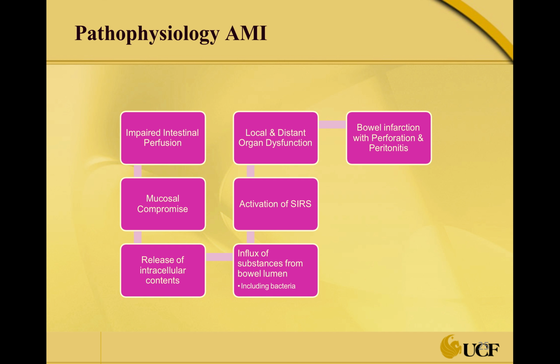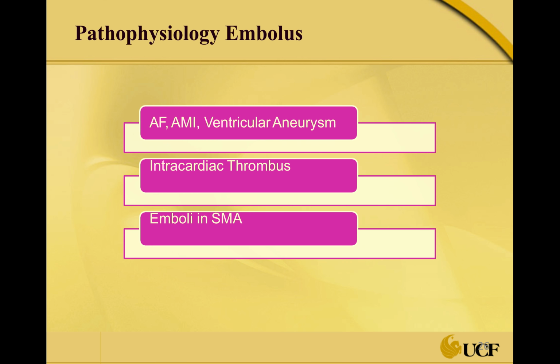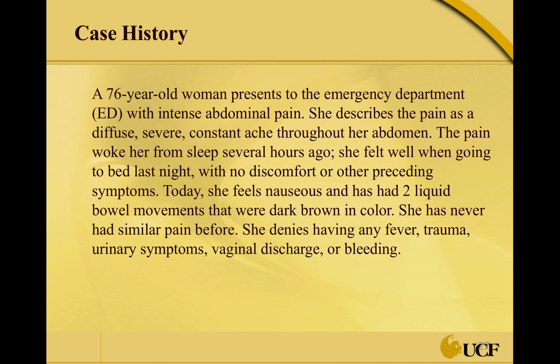So you will have local and distant organ dysfunction, and finally bowel infarction with perforation and peritonitis. In terms of the pathophysiology of the embolus, you have AFib, acute MI, ventricular aneurysm, intracardiac thrombus, and also emboli in the SMA as possible causes.